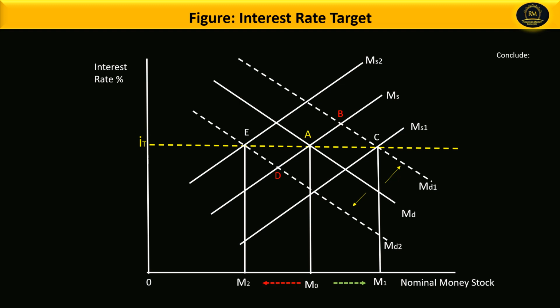So this clearly shows that the intermediate interest rate target can be achieved only at the cost of losing the short-run control of money stock.